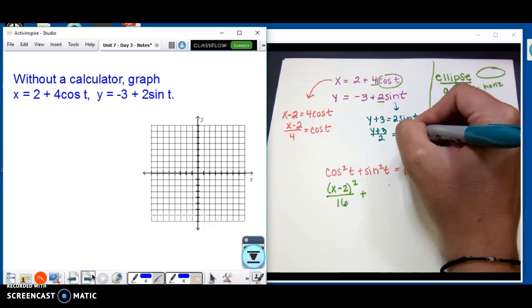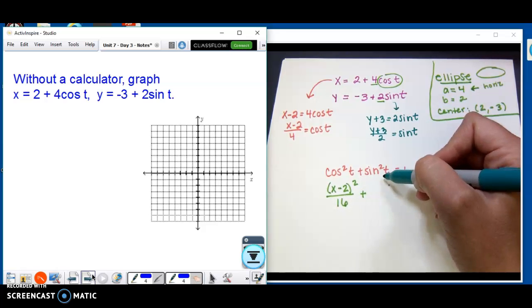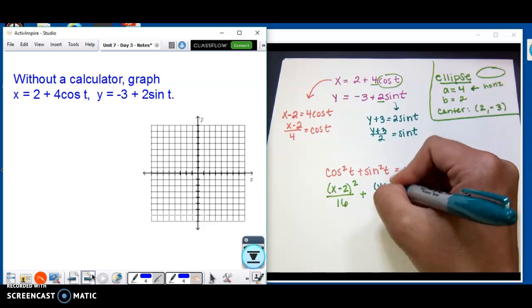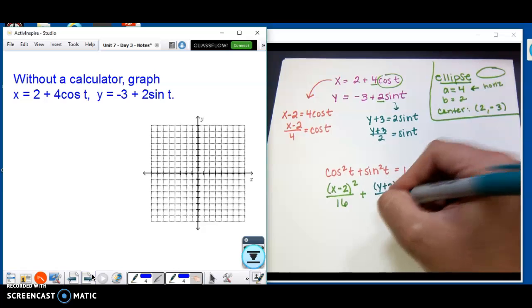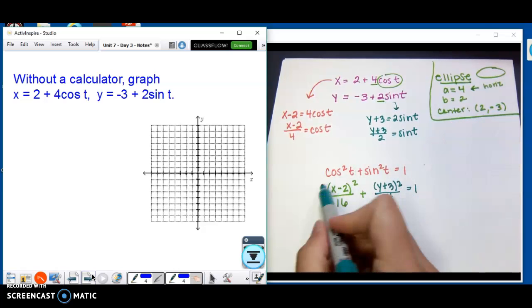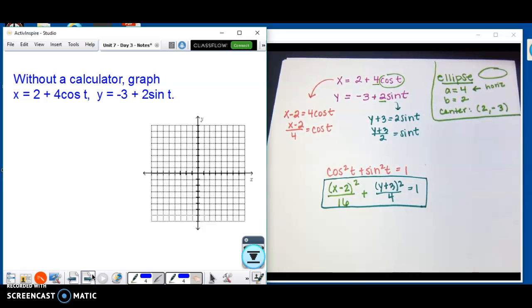So sine t is y plus 3 over 2. This is squared here, so I need to square both parts of this. So it's going to be y plus 3 squared over 2 squared, which is 4. And then it has to be equal to 1. So this is my rectangular form of my ellipse.